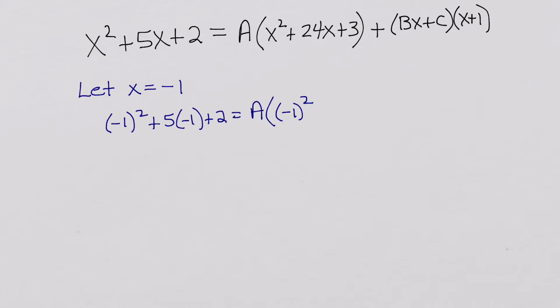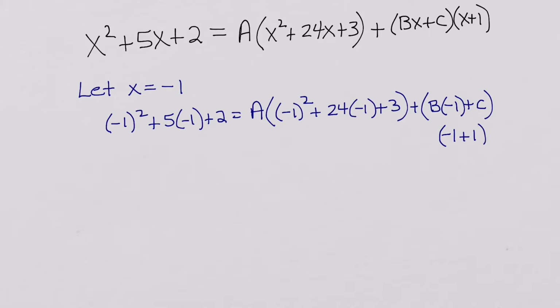Make sure you do that so that you get the right sign there, plus 24 times the -1 plus 3, close that parenthesis, plus open parenthesis, and we have b times a -1 plus c times, opening parentheses again, -1 plus 1. Here we go.